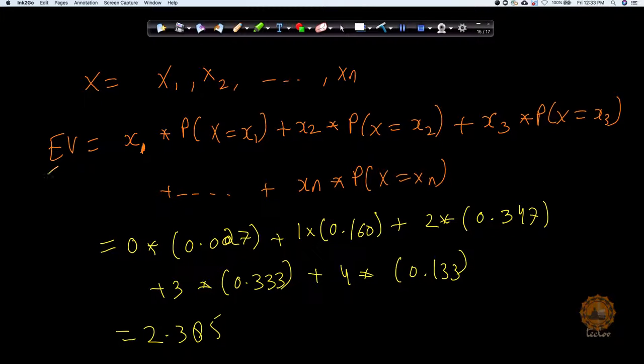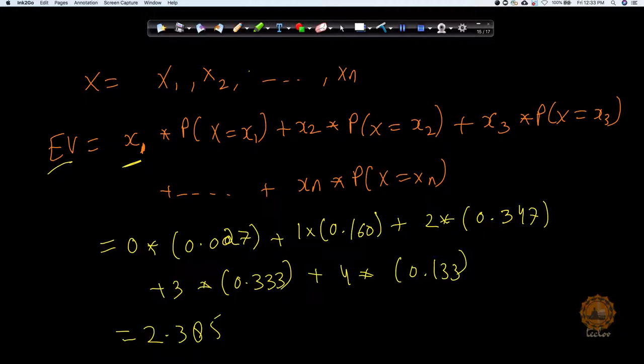So I can define my expected value as x1 into, because this is your x1, x2, x3 from here. So in terms of red balls, it means the number of times one red ball came and so on. So x1 into P, the probability that it has the x1 value. Similarly x2 into this value, x3 into this value, and till xn.